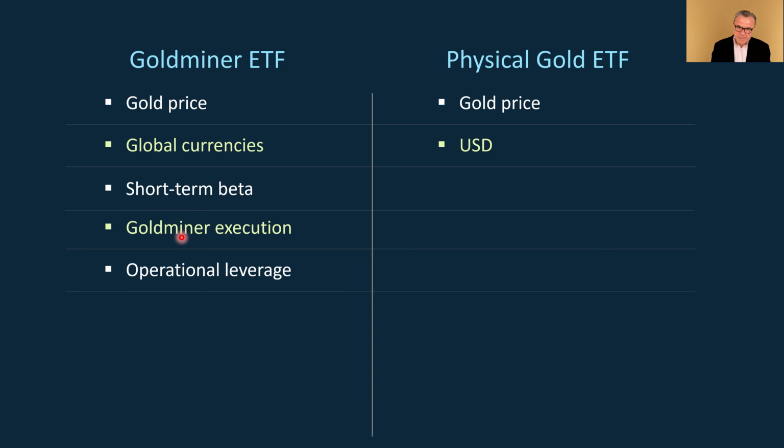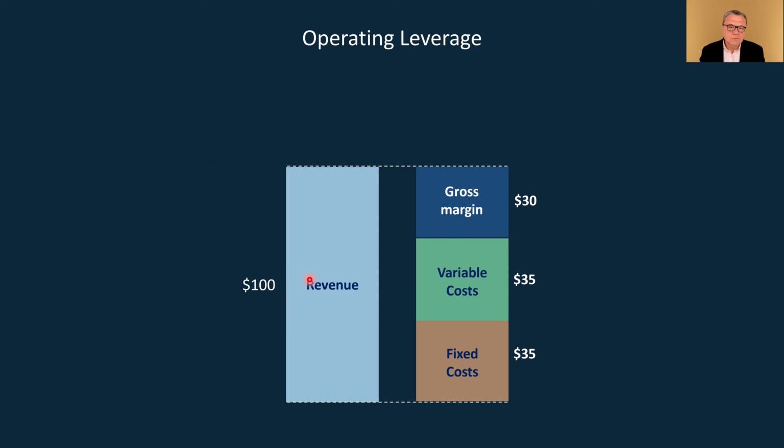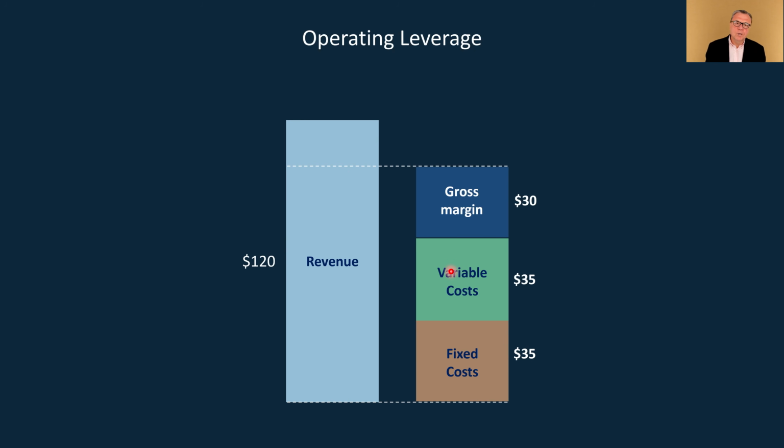That's due to other factors, first of which is operational leverage. You can see it's kind of obvious what's going on here. If we have $100 of revenue in our gold mining company and the price of gold goes up by 20%, then our revenue is going to go up 20%, but our costs aren't going to change that much. Now, over time, the cost might increase as there's more competition for the resources that go into gold mining, as gold mining expands.